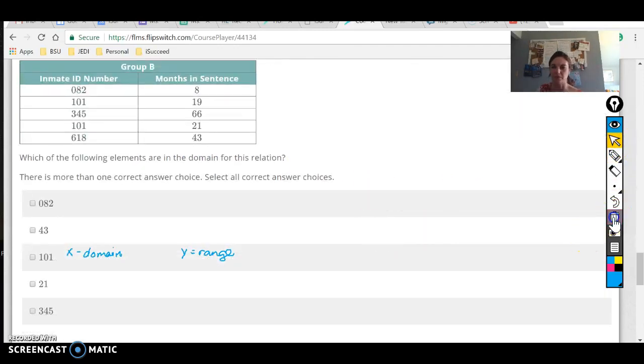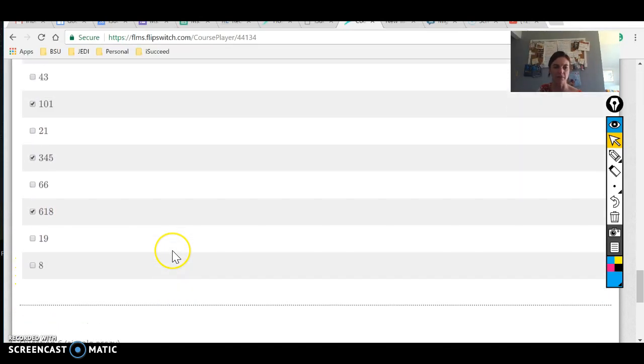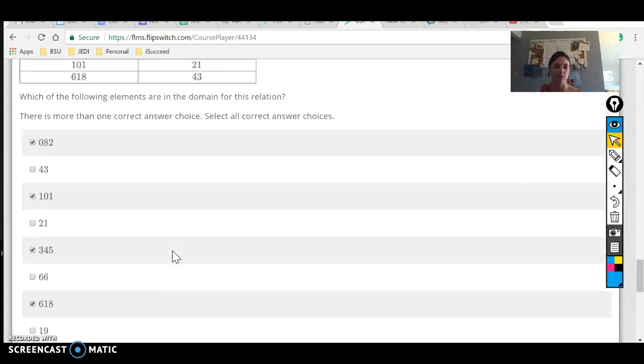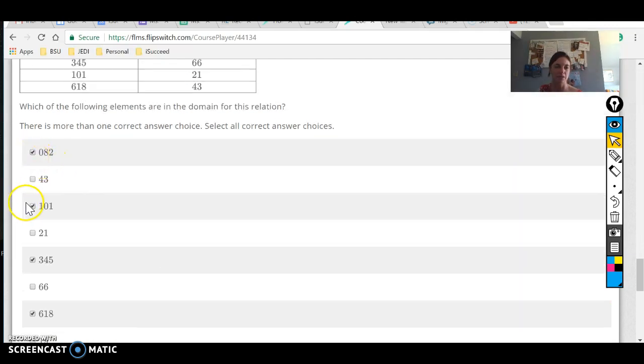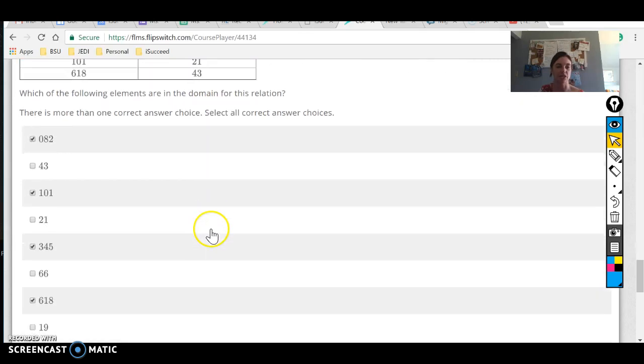So if we scroll down, we'll see that our domain values are 082, 101, 345, 101 again, and 618. Okay, that presents us with an interesting situation. Our domain has 1, 2, 3, 4 values, but 5 values were listed here. 1 was repeated. Okay, so that's a very interesting piece of information.